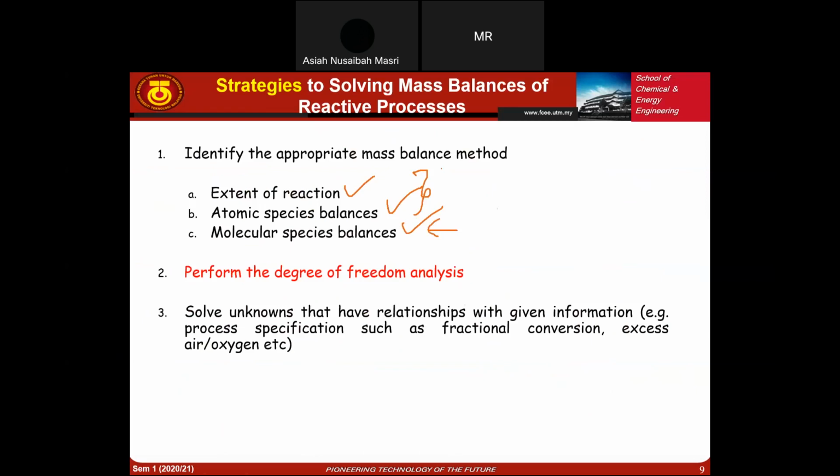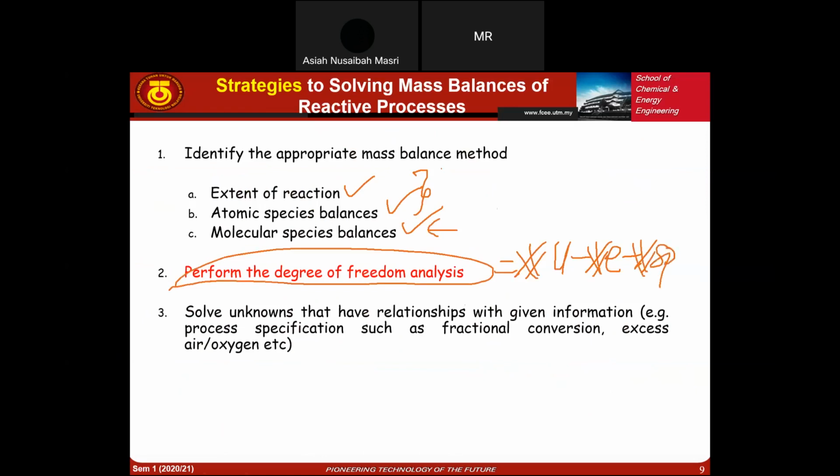After we identify which method we want to use, then we have to perform the degree of freedom analysis. We know that degree of freedom equals number of unknowns minus number of independent balances or equations minus number of specifications.